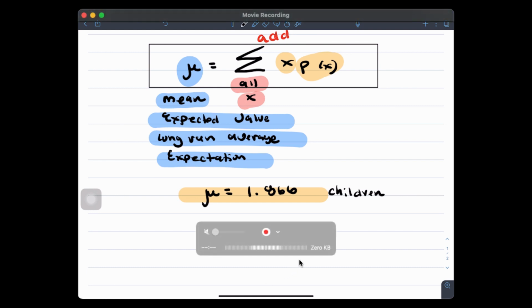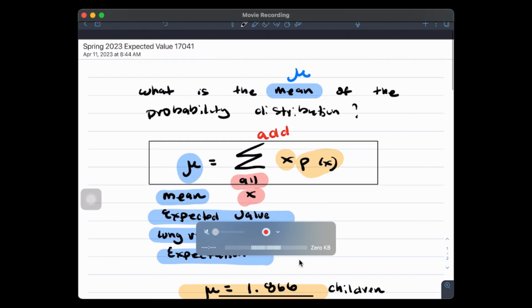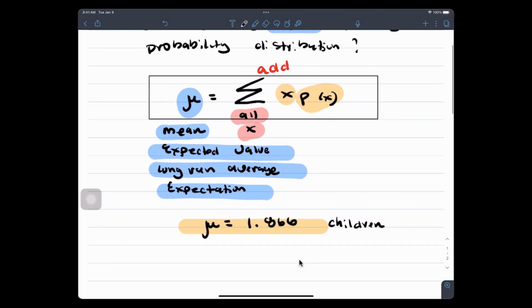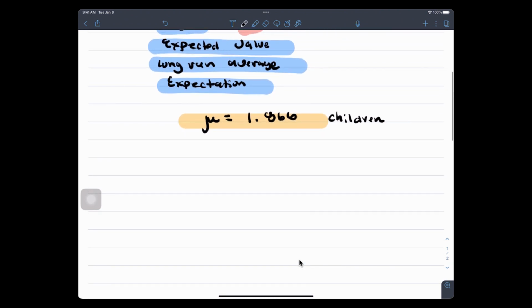I want you guys to look at that. And you could do this for any distribution. Remember, I did probability distribution, but we never did expected value. This is also known as an expected value. We can compute a mean, and we'll get back to it, but I'm going to write it down in our notes.